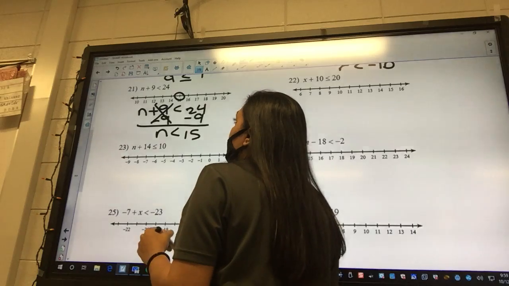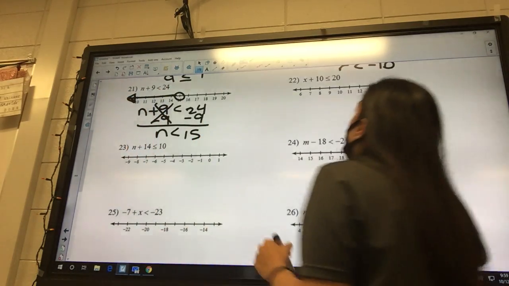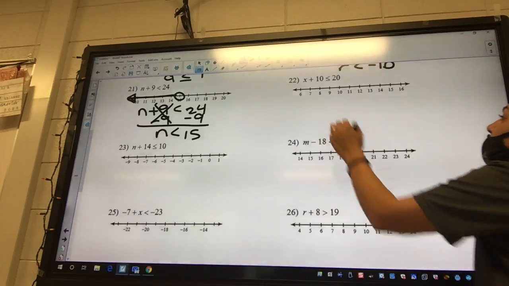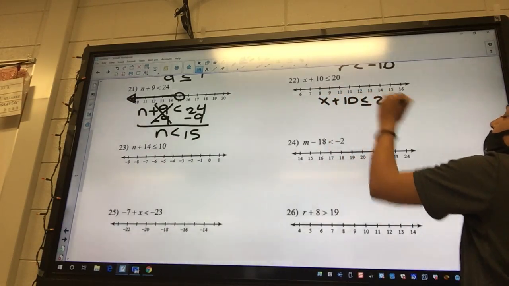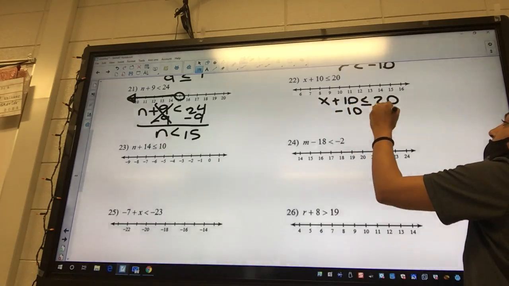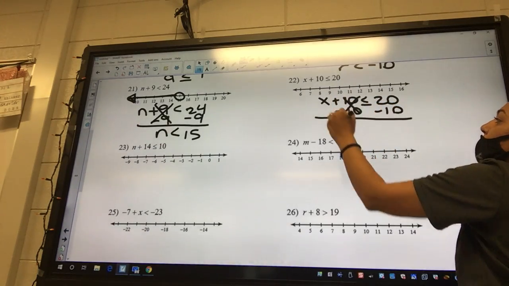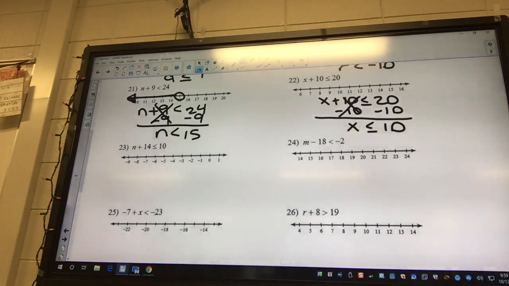Open and going which way? To the left. Okay, we need to subtract 10 from both sides. Okay, should it be open or closed?